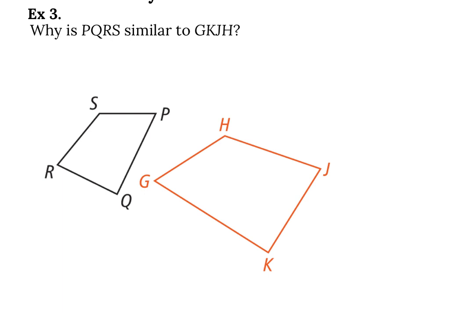Okay, so the first thing I want to do is create a line that I'll be able to reflect my original image across. Okay, so let me create a line that I can reflect across.